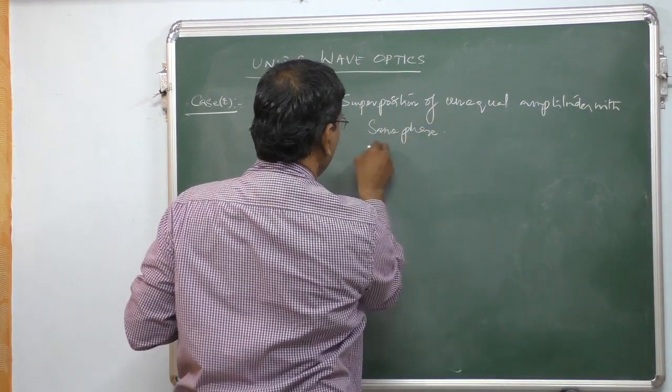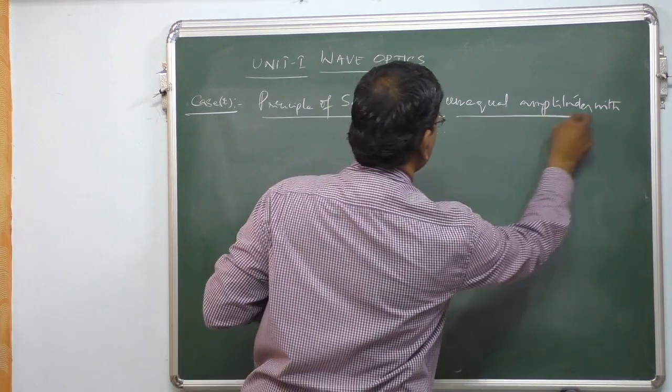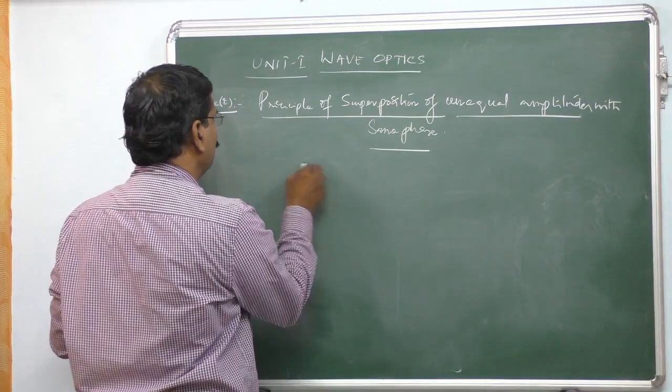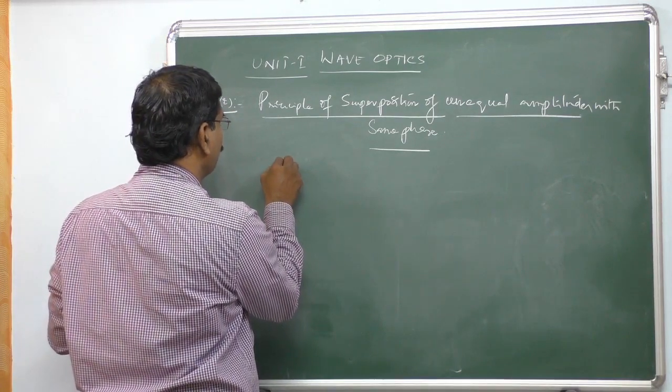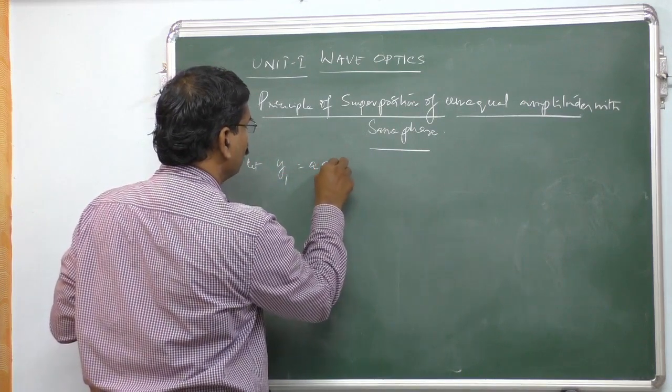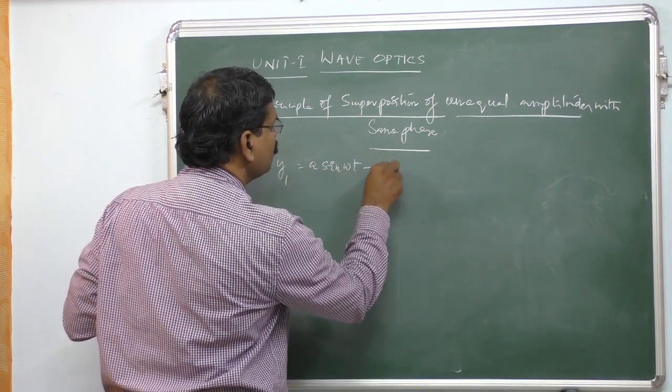In this event, students, we are going to consider two unequal amplitudes. For example, let the displacement of the first wave be y1 equals a sin omega t. I call this equation 1.